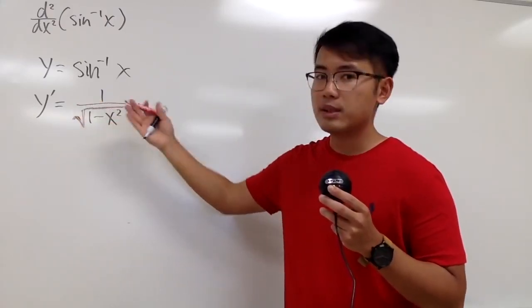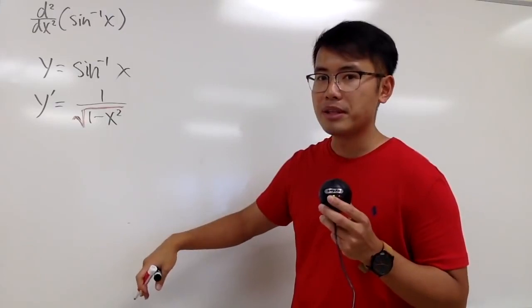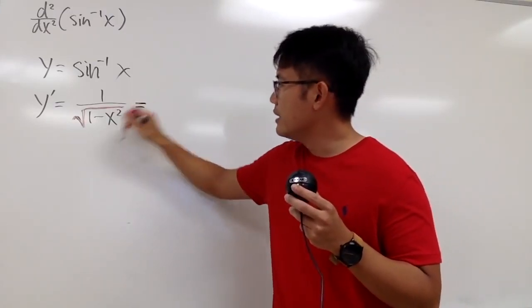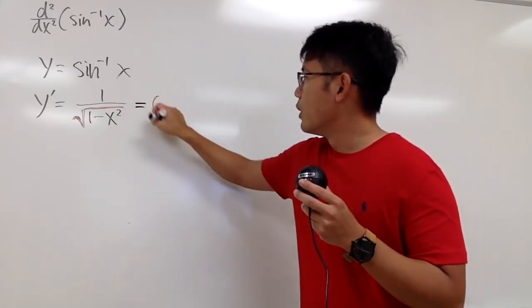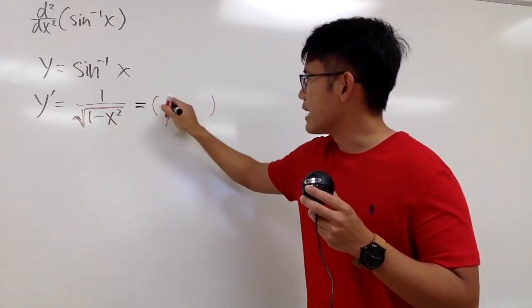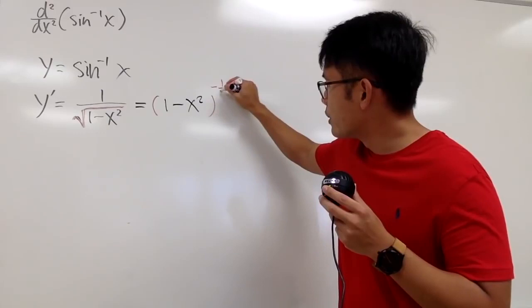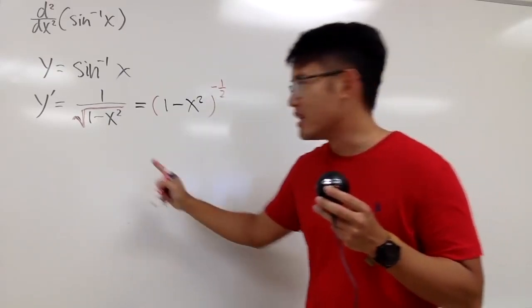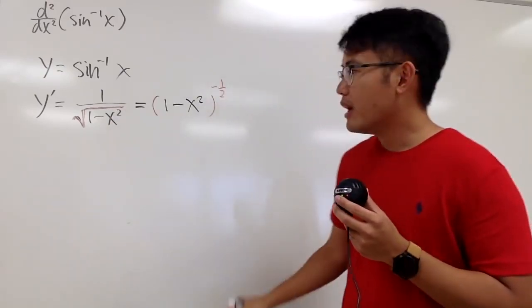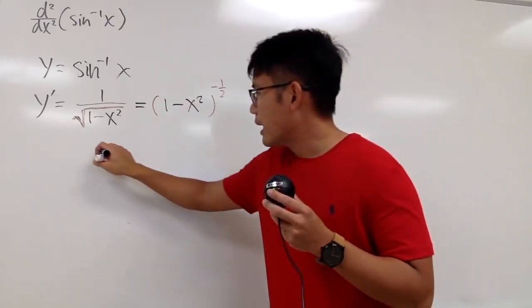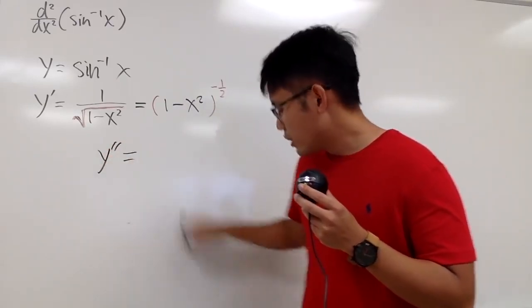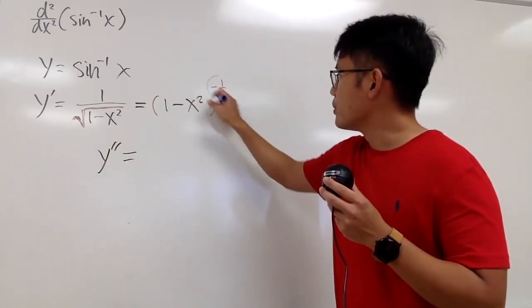And this right here, it's the 1/2 power, but it's in the denominator. So I will look at this right here as whatever inside, which is 1 minus x squared, raised to the 1 over 2, but it's negative because it was in the denominator.